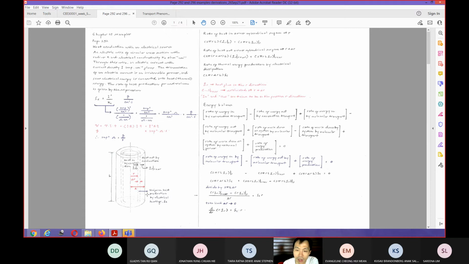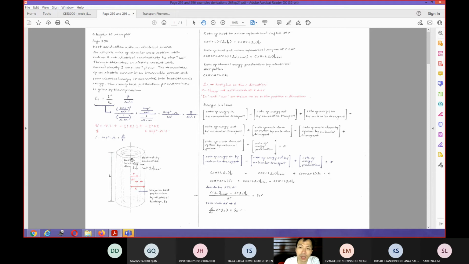Okay, and then note that we also have a term for the heat production related to the electrical heating. So once we put that in, we know that the rate of heat in across the cylindrical surface at r is related to 2 pi r L q_r at r.